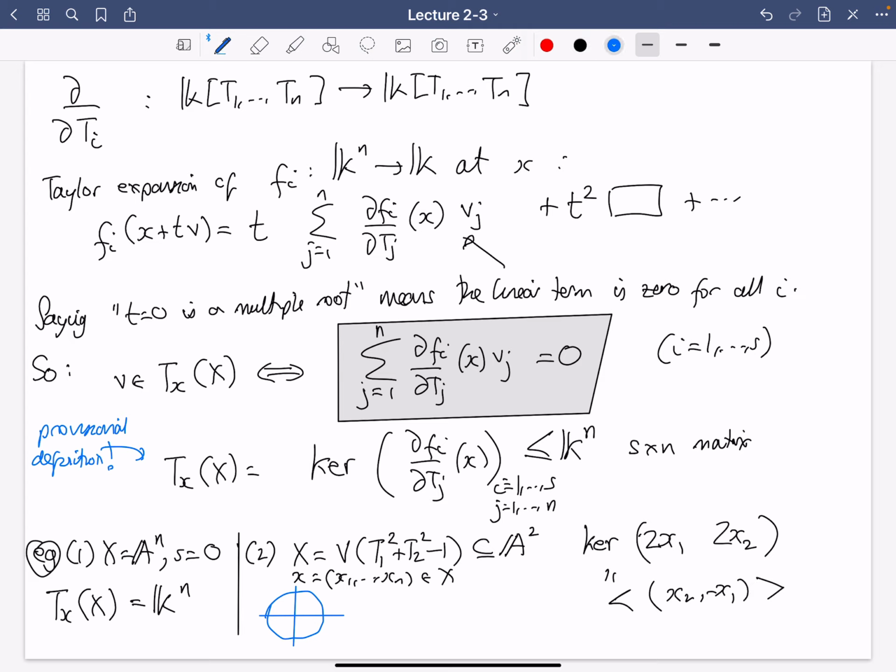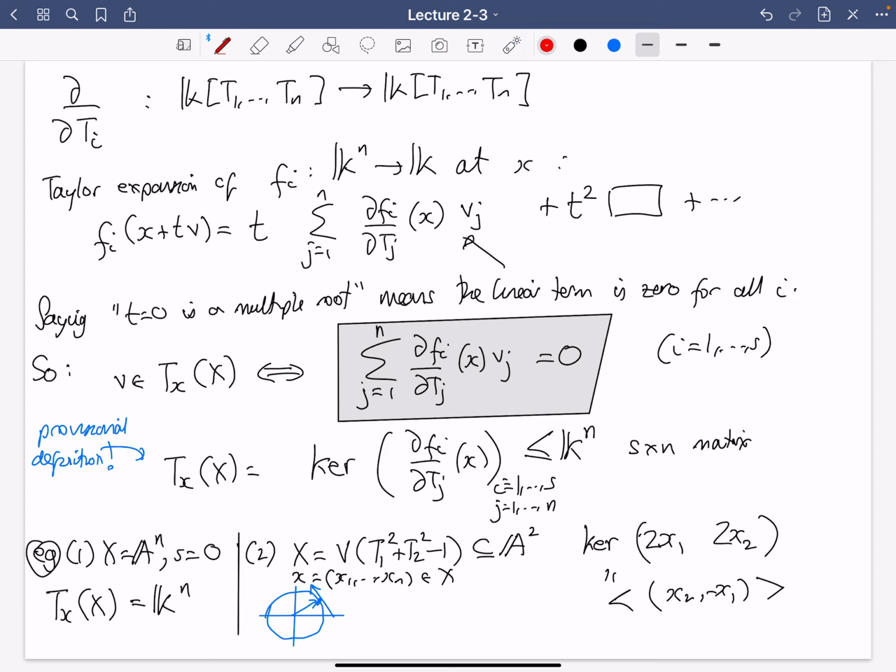So x is some point on the unit circle, and there's the vector x, and indeed this is a vector orthogonal to it, and so that vector spans the tangent space. I guess you see what I've done: I've shifted the origin in my definition, so that the tangent space is a subspace. The tangent space is spanned by that line, but with the origin being shifted to x.